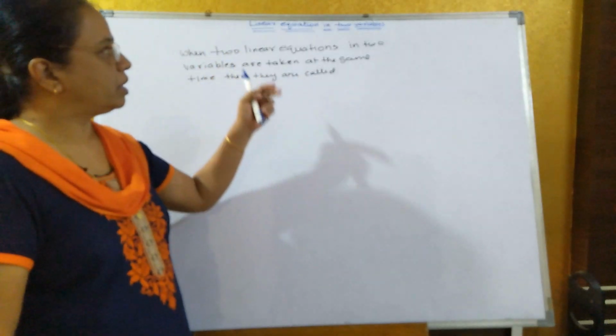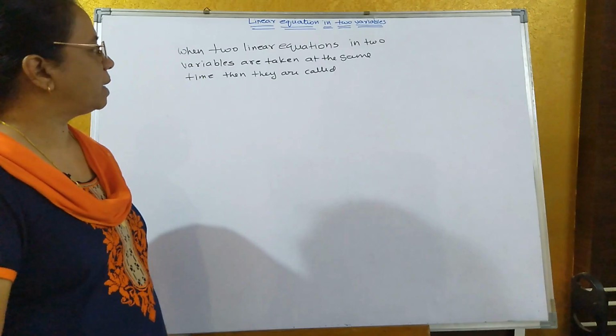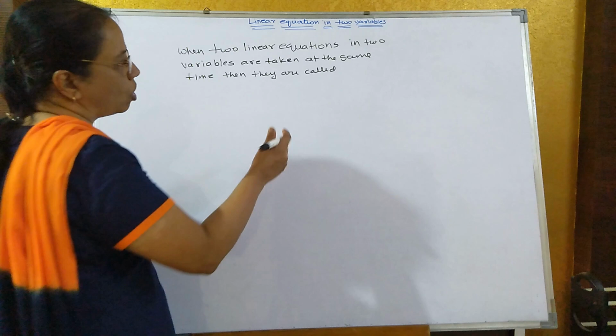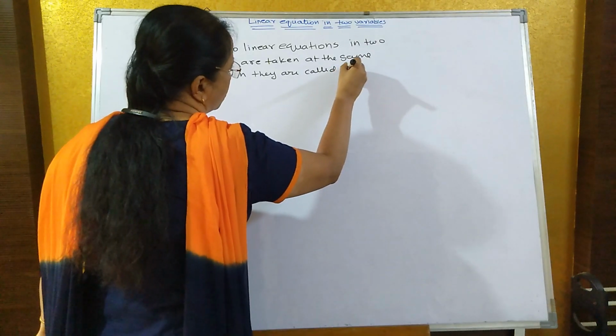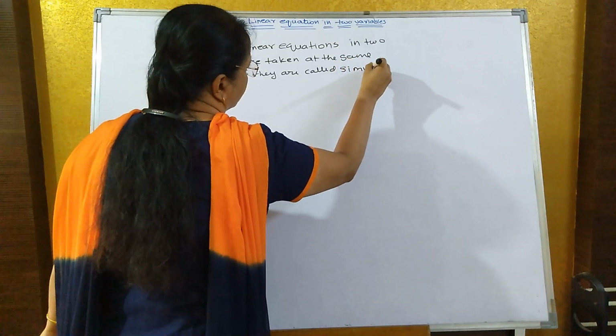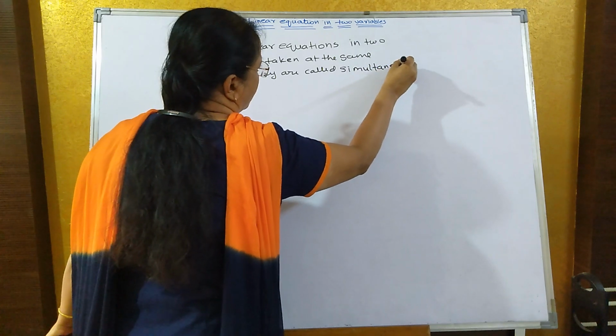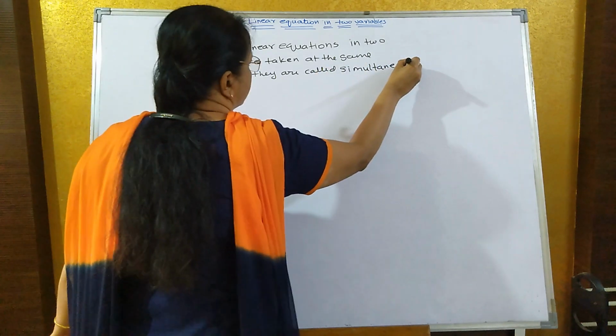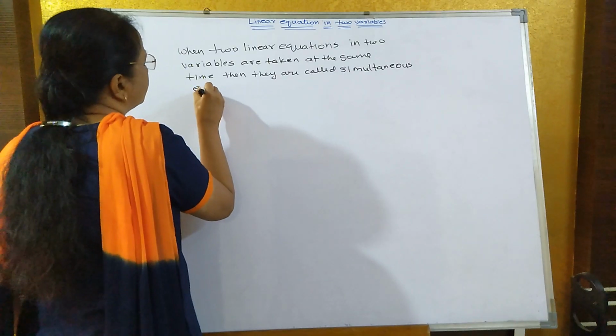Now, when two linear equations in two variables are taken at the same time, then they are called simultaneous equations.